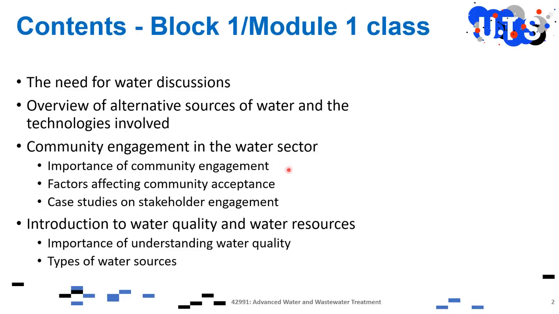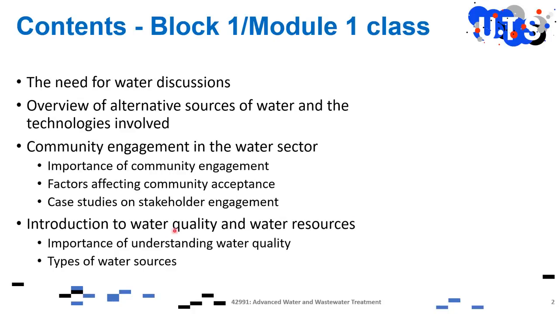So we'll discuss the importance of community engagement or stakeholder engagement and know exactly what the factors are affecting how the community accepts the technology or the approach of preparing potable water, for example, or non-potable reuse. Then we'll discuss some case studies about stakeholder engagement, the success stories, and the not so successful stories as well.